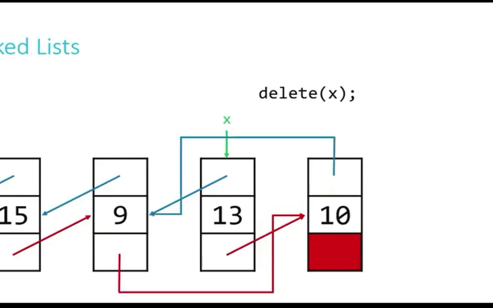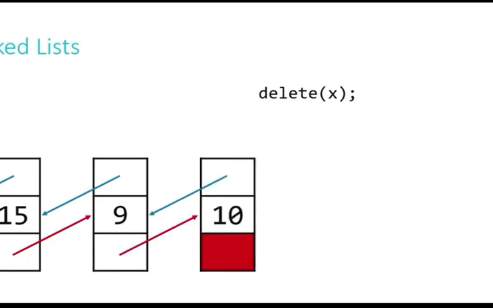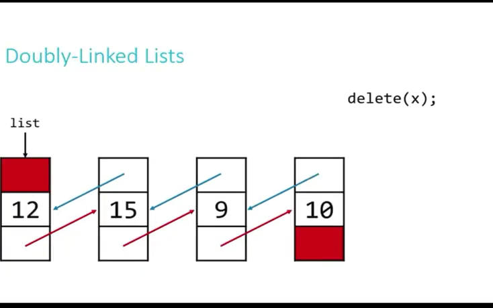Now notice, if you follow the arrows, we can drop 13 without actually losing any information. We've kept the integrity of the list moving both forward and backward. And then we can just clean it up a little bit by pulling the list together. So we rearranged the pointers on either side, and then we freed X, the node that contained 13, and we didn't break the chain. So we did good.